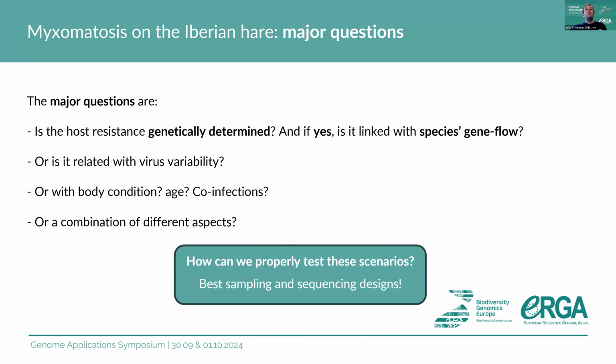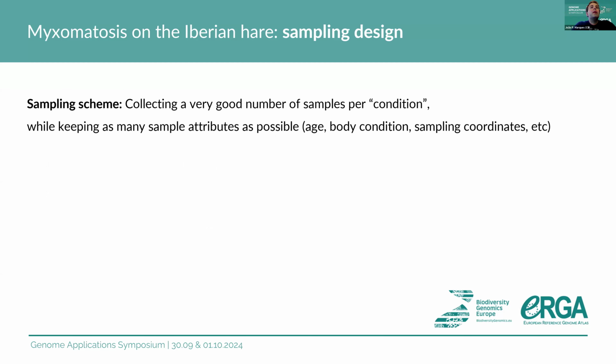So the question we came to in the end was, okay, how can we properly test these scenarios, in relation to sampling and sequencing designs, and of course, considering the money that we had available?